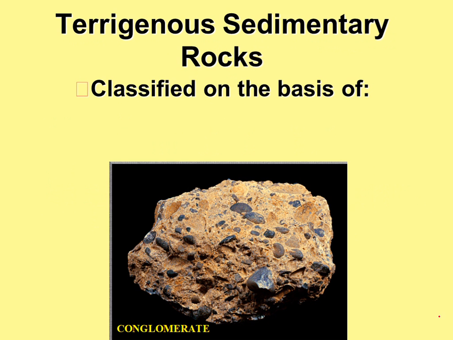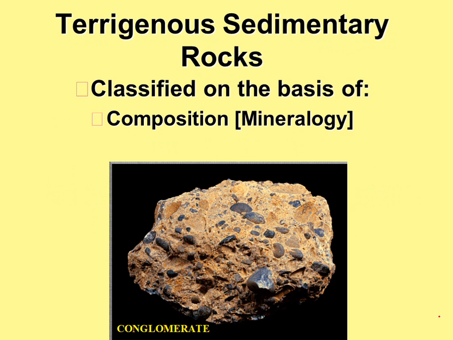And finally, when we classify terrigenous sedimentary rocks, we classify them on the basis of composition or mineralogy and grain size or particle size. And so here we have a picture of a conglomerate where you can clearly see the clastic texture. These are clasts or fragments, okay? And you can see they have different size, shape. This one is particularly well-rounded, for example.